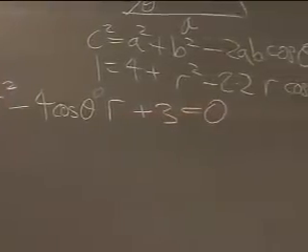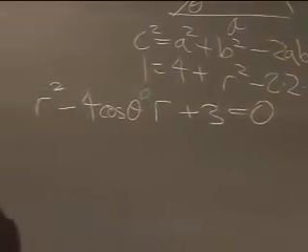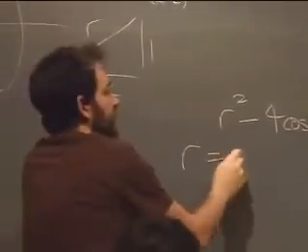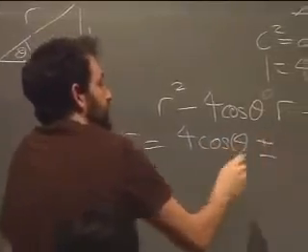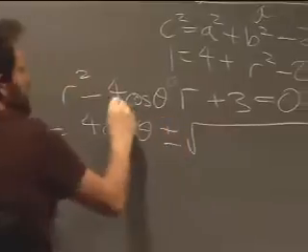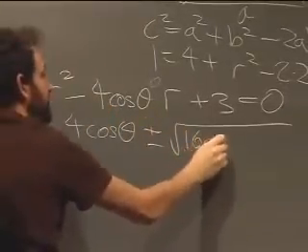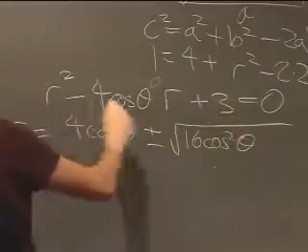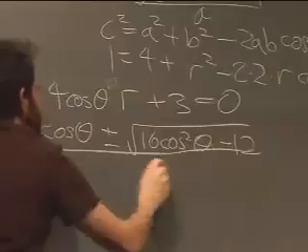And it's not particularly nice because we don't know what cosine theta is, so we just have to use the quadratic formula. And you get R equals minus b plus or minus the square root of b squared, which is going to be 16 cosine squared theta minus 4 times 3 times 1, which is 12, all that divided by 2a.